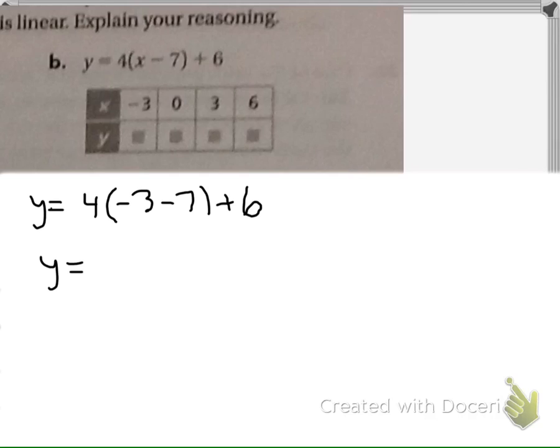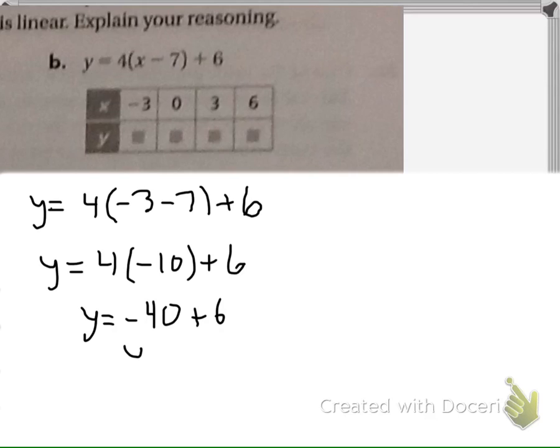So -3 minus 7 is -10, plus 6. 4 times -10 is -40, plus 6. Y equals -34.